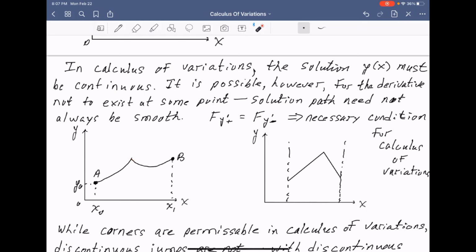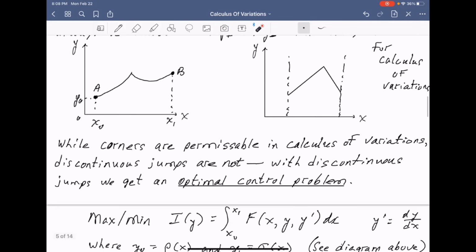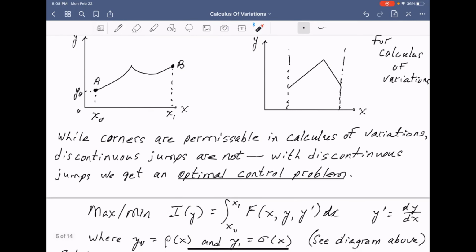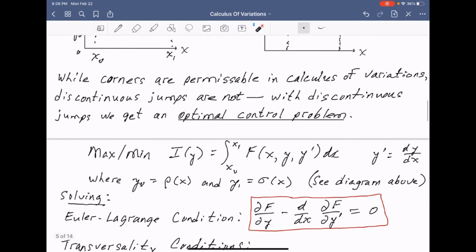So this fact that there's no jumps in these functions is a necessary condition for the calculus of variations. So while corners are permissible in the calculus of variations, discontinuous jumps are not. With discontinuous jumps, we have to go to the optimal control problem as formulated by Pontryagin and his colleagues.